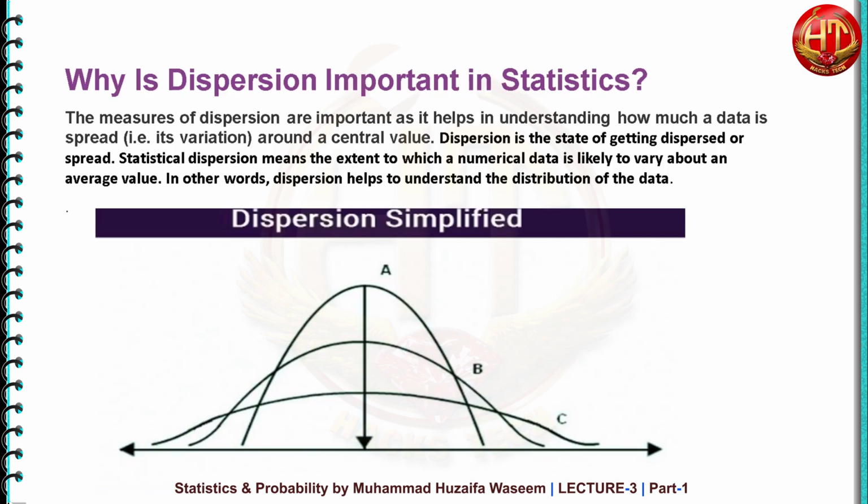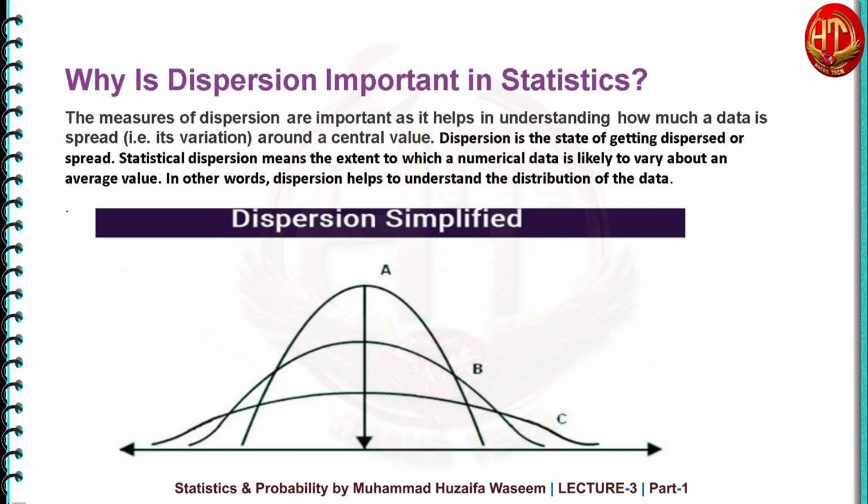Dispersion is the state of getting dispersed or spread. Statistical dispersion means the extent to which numerical data is likely to vary about an average value. In other words, dispersion helps to understand the distribution of the data.